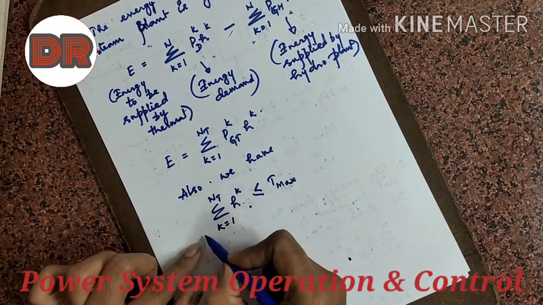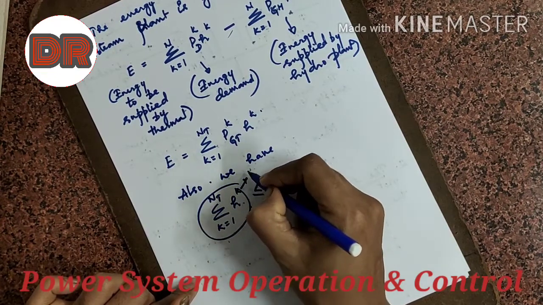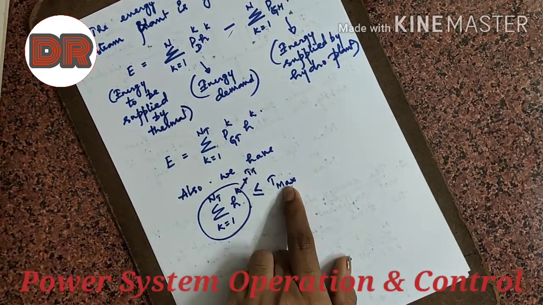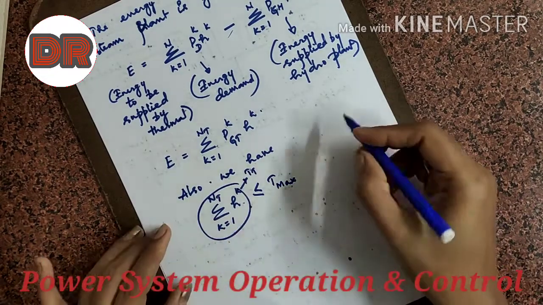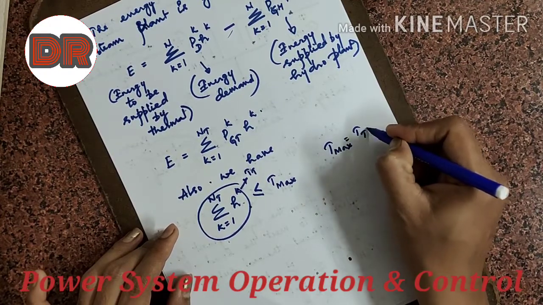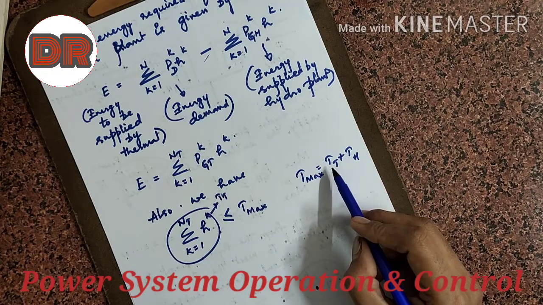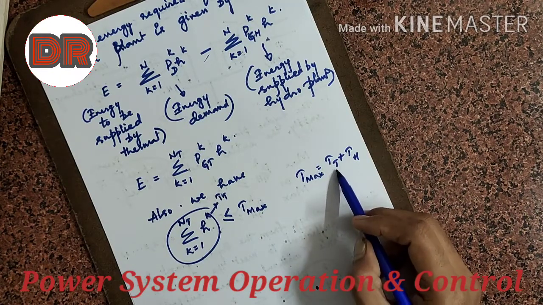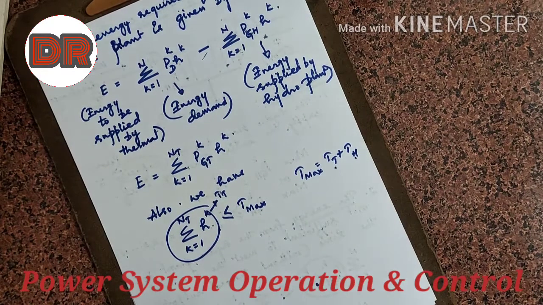We have represented this by TT, and this TT will always be less than T max, because T max will be equal to TT plus TH, where TT is the time period for the thermal power plant and TH is for the hydro power plant. So this is regarding the assumptions.